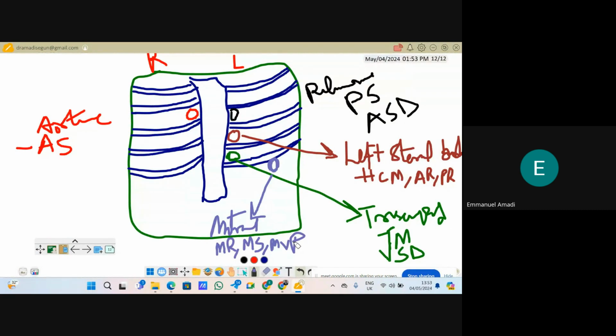Now, when we started this particular concept today, I made mention of something. I gave a theoretical question. In that question, I said they brought in a 65-year-old man that has a lot of symptoms.